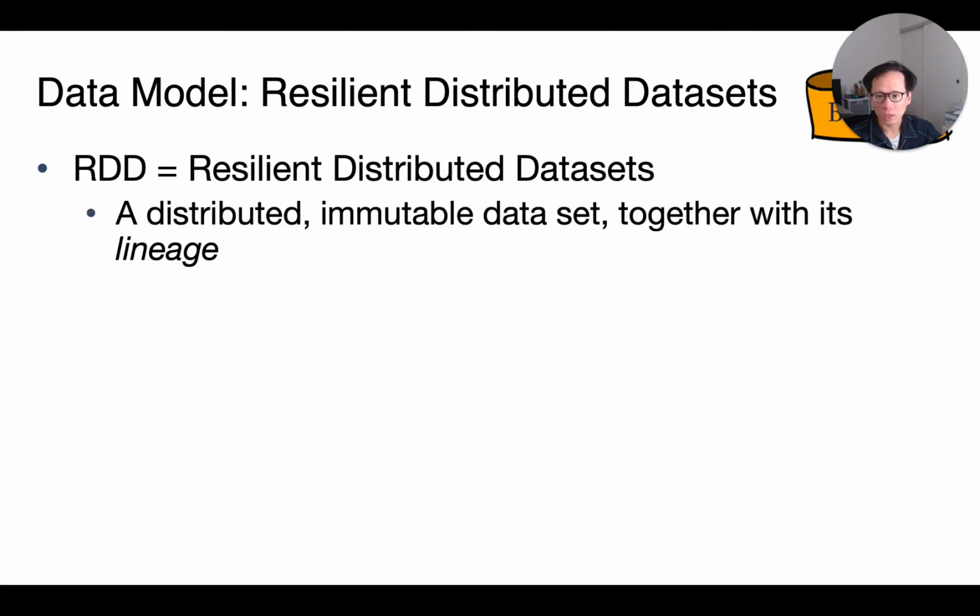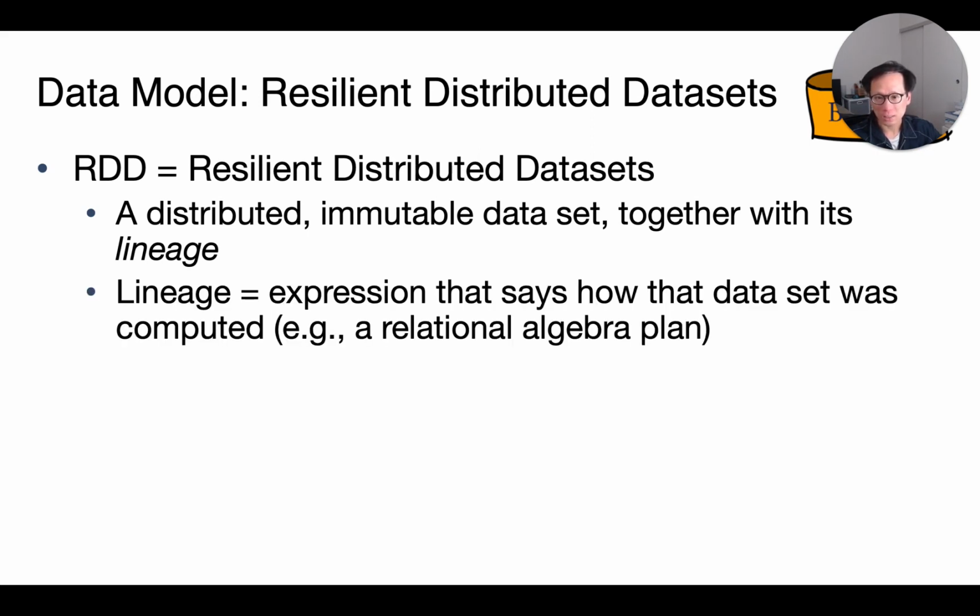You can think of each RDD as an immutable dataset that cannot be changed once created. Each RDD can be distributed across multiple machines, and it also remembers its lineage. A lineage is an expression that states how the RDD itself was computed. You can think of it as a relational algebra plan, for example.